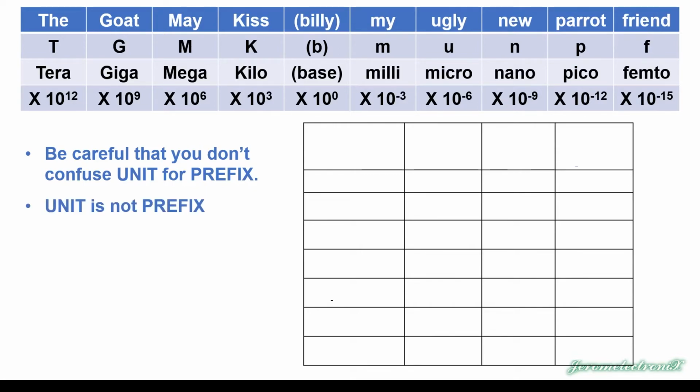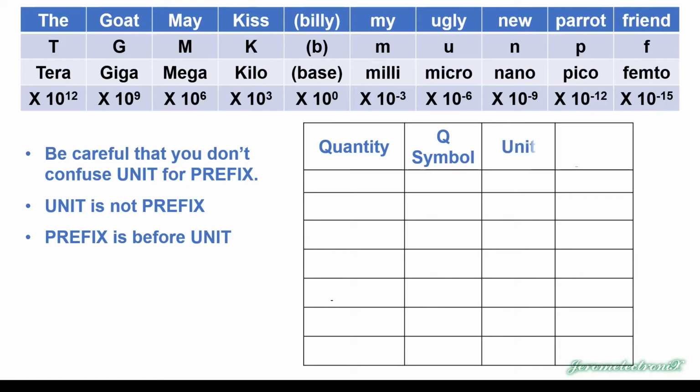The prefix comes before the unit, and units tell us what we're talking about. So on your worksheet, fill in the top of this table as quantity, quantity symbol or Q symbol, unit, and then unit symbol.